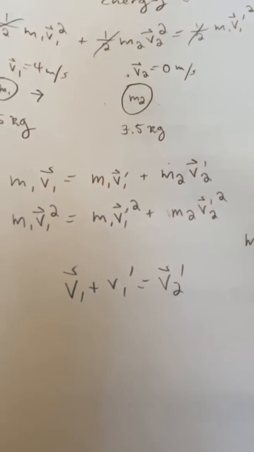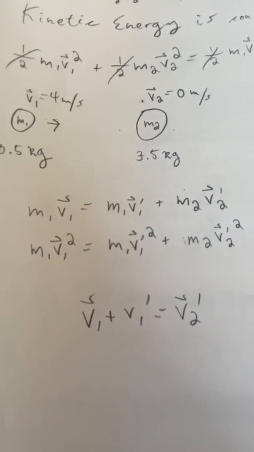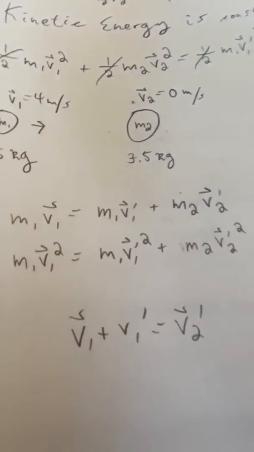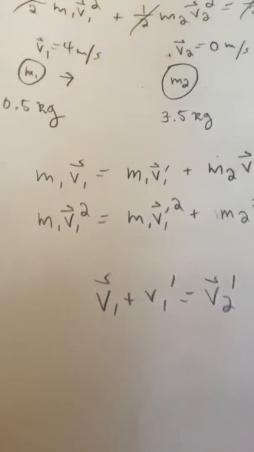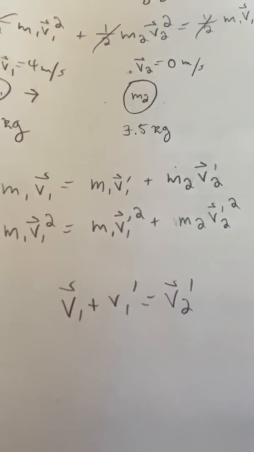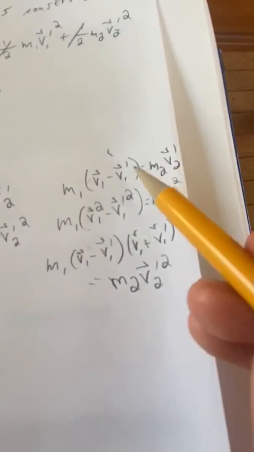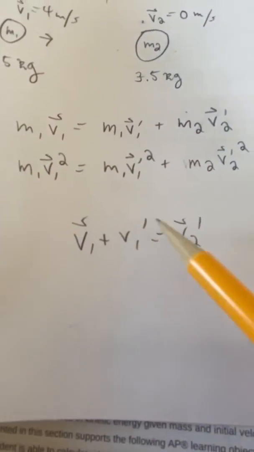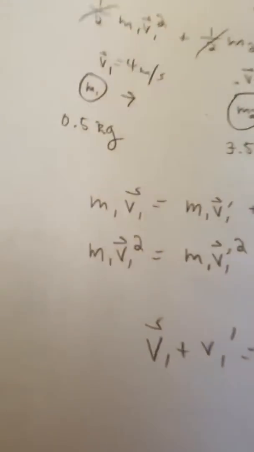So if we want to know, for instance, what the final velocity is of each of the objects, we can take a look at this first equation where we don't have any squared terms. We can move that around a little bit. We can take this first simplified form, and plug this expression, v1 plus v1 prime, in for v2, okay?